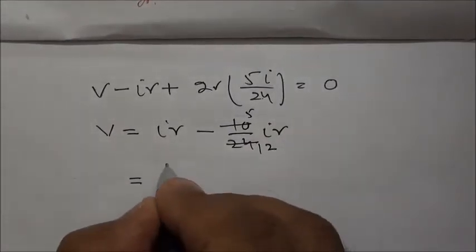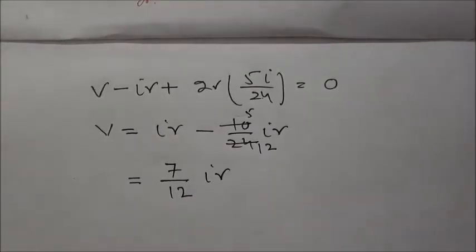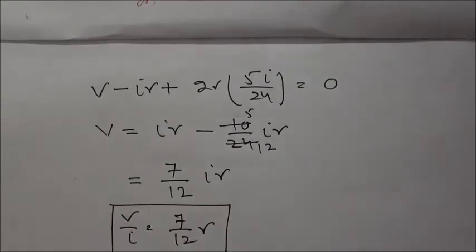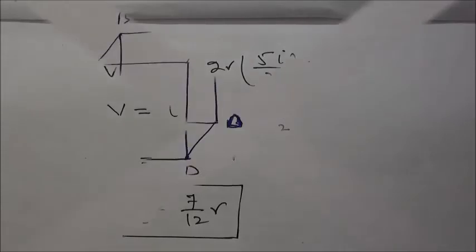So it becomes 7 by 12 IR. So V by I is 7 by 12 R. So this is the value of equivalent resistance between A and H.